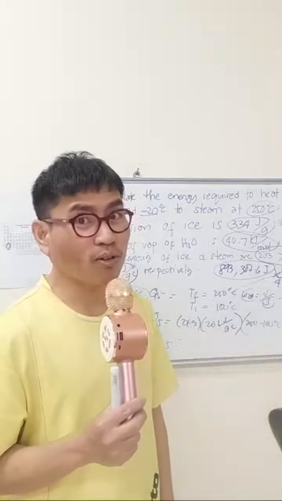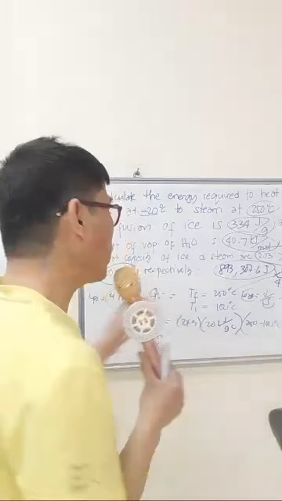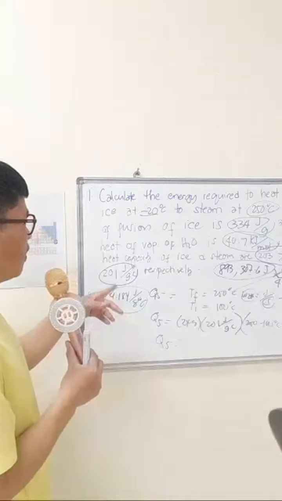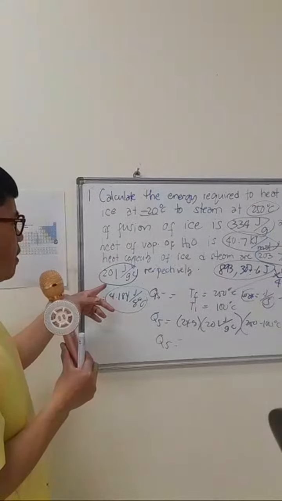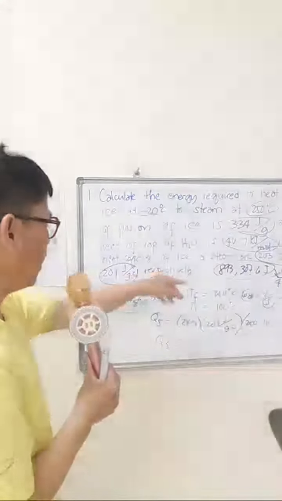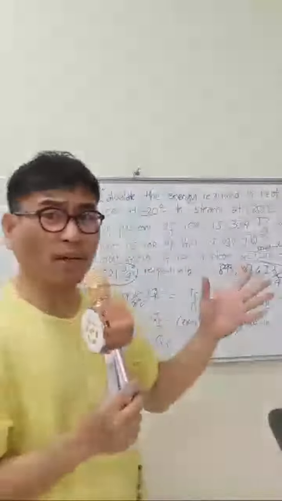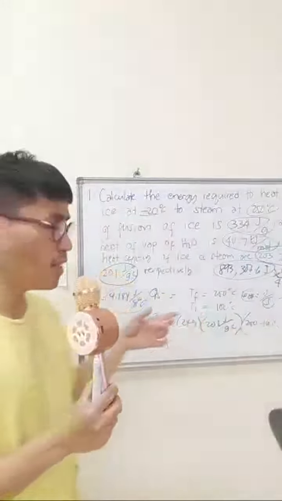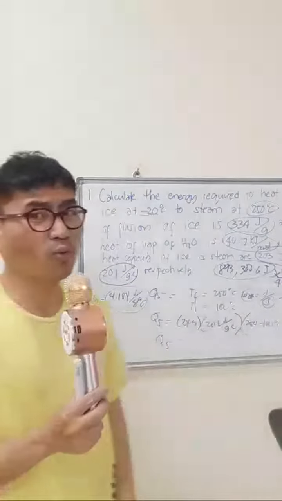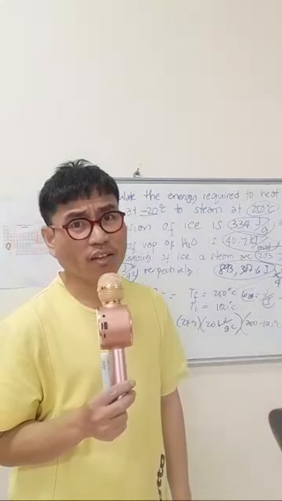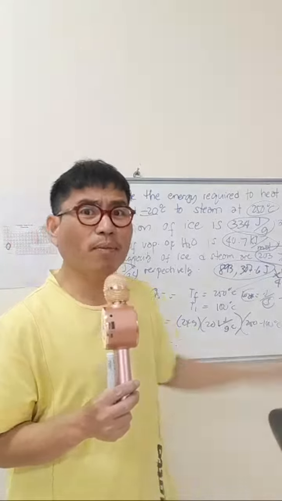But if you dig into it, it looks like they gave the wrong specific heat capacity for ice and steam, because 200 plus 200, whereas the specific heat capacity of water is only 4.184 joules per gram degree Celsius. It looks very far off. Maybe this is just a hypothetical question, okay?